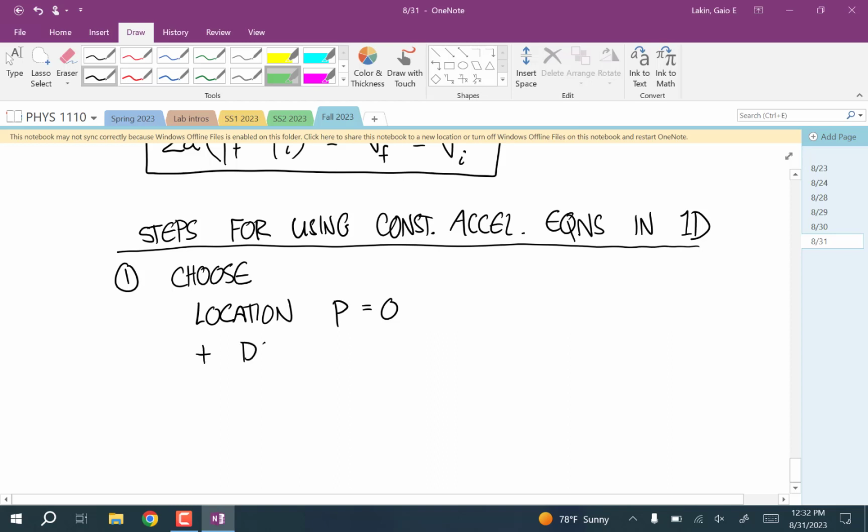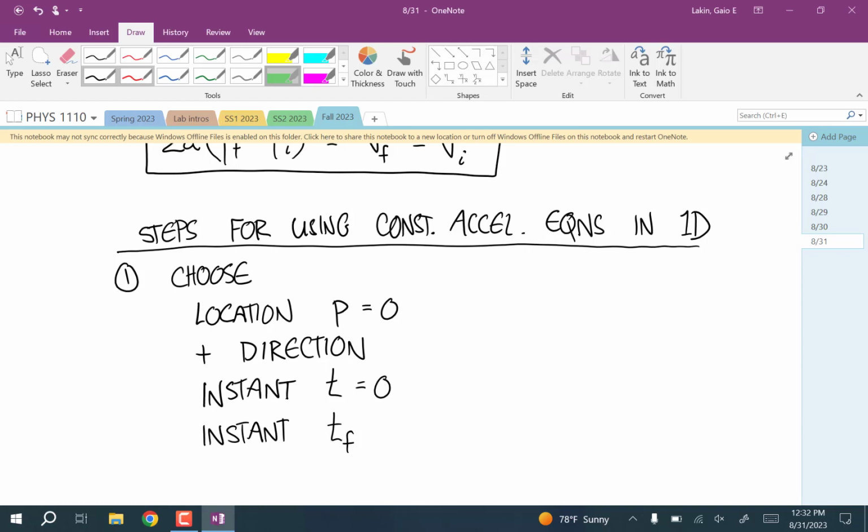A positive direction. An instant that you're going to call time equals 0. And an instant that you're going to call time final. So time equals 0 is stopwatch on. Time final is stopwatch off.